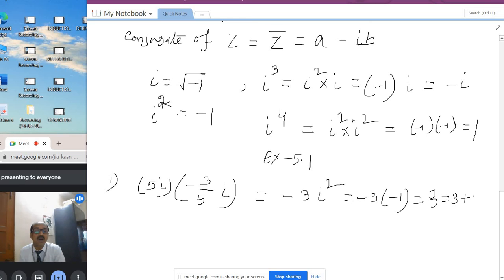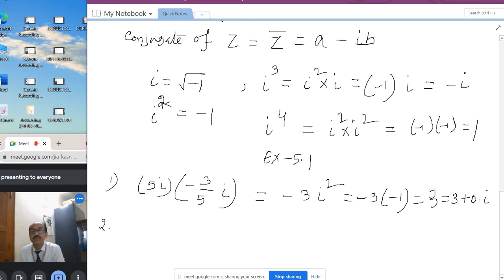Okay. This is its a plus ib form, because the imaginary part is 0 and 3 is the real part. Clear how to simplify this in a plus ib form?